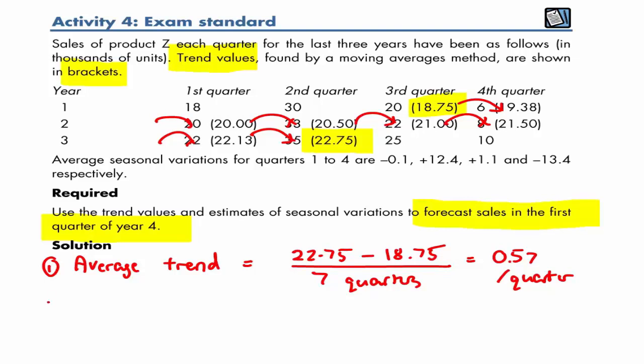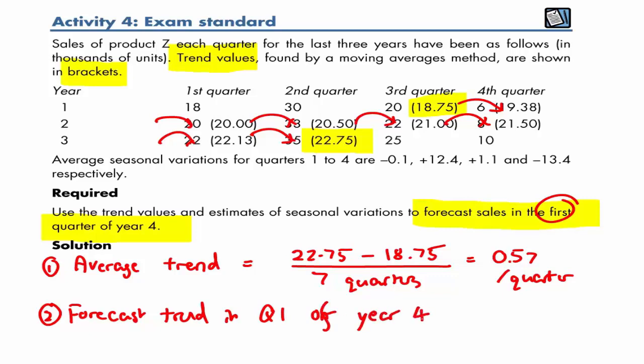Now I've got the average trend, I can forecast, and I can forecast what the trend is going to be in the first quarter of year 4. And to get to the first quarter of year 4, I've got to take the existing trend figure and take it ahead 1, 2, and then a further 3 quarters.